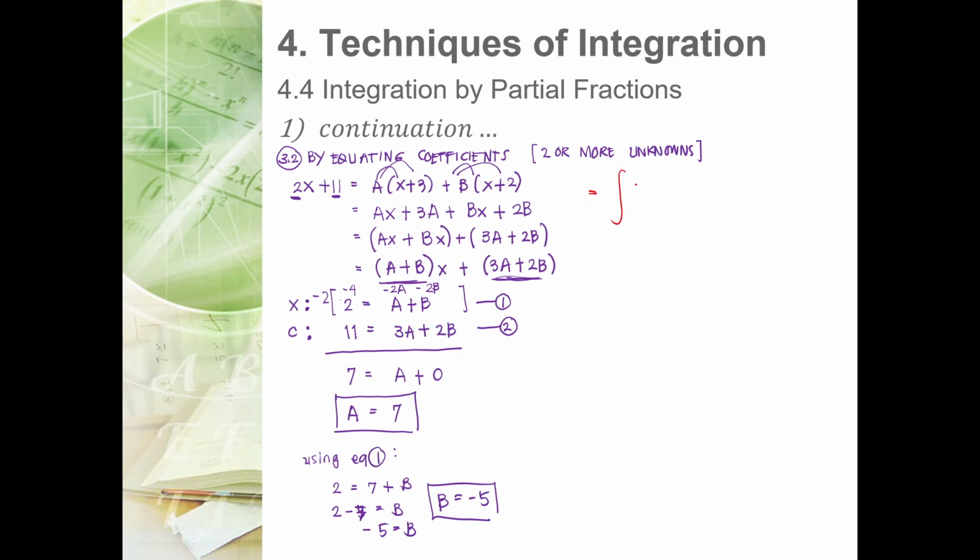So the equation becomes, again, what I have written in the previous slide: 7 all over x plus 2 minus 5 all over x plus 3, and then dx. Since we're going to manually solve each term, dx will be distributed to the two terms here.